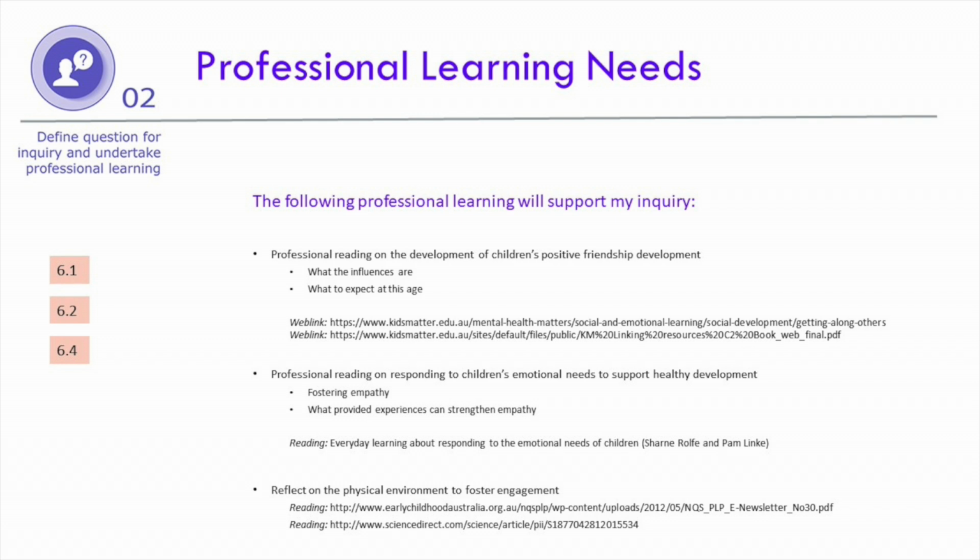And some readings also on the physical environment as a means to foster engagement. I have provided one of those readings for you today if you are interested in having a flick through it or having a read following the presentation.